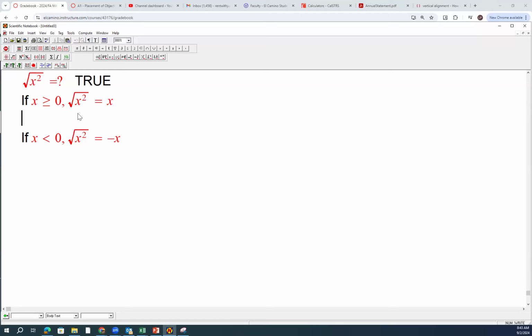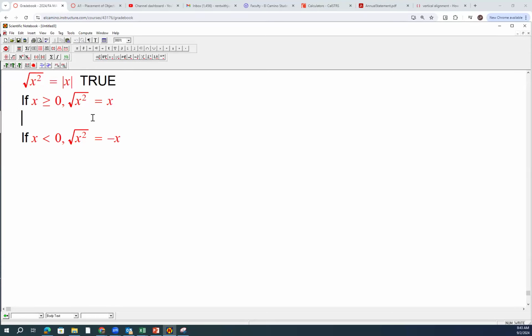So in truth, if x is greater than or equal to 0, the square root of x squared is x. If x is less than 0, the square root of x squared is -x. And in summary, actually we are getting the absolute value of x, right?